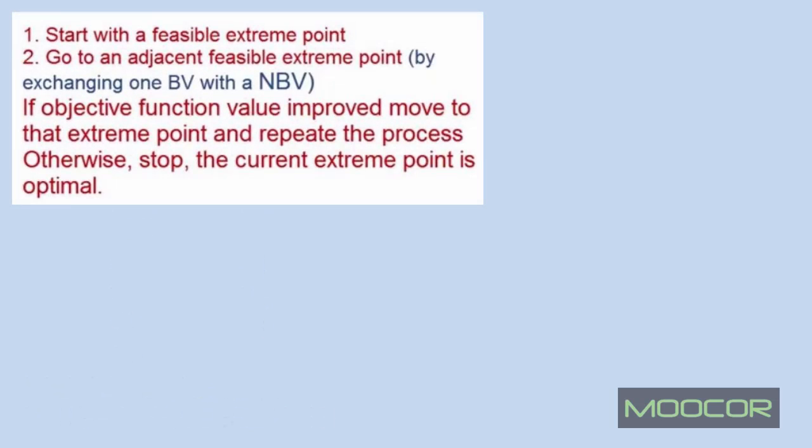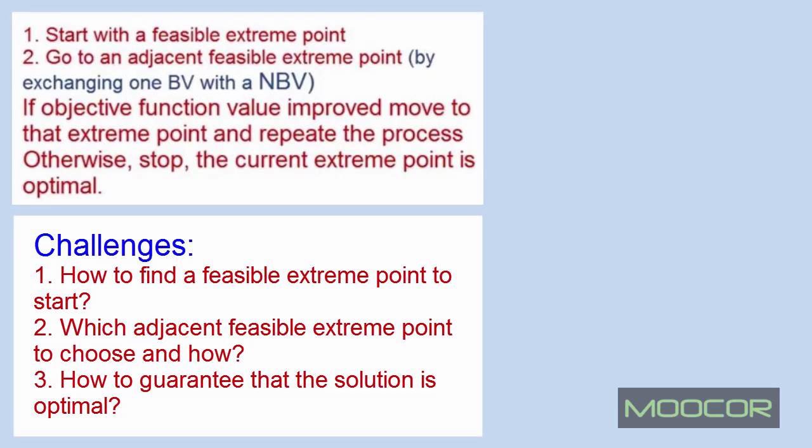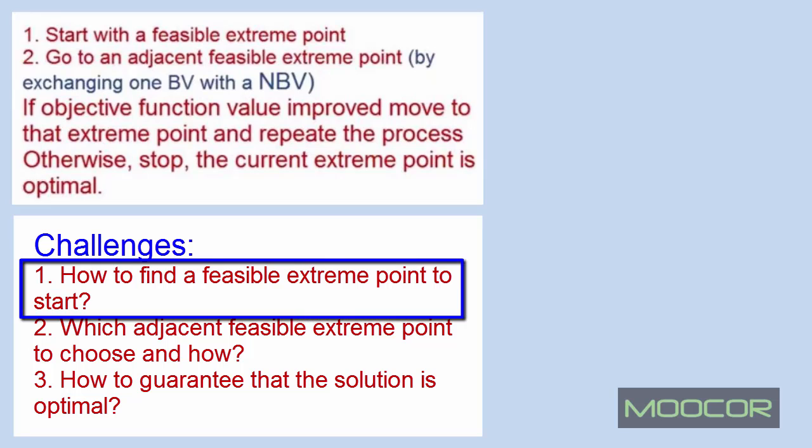As we looked in our case, what were the challenges? The challenges were how to find a feasible extreme point to start with, and we selected the origin to start at that point. We will later on look at the cases that the origin cannot be selected, but at this topic we are looking at the ones that the origin can be selected as a feasible extreme point.